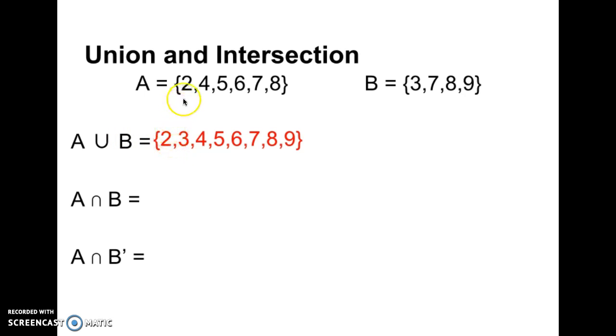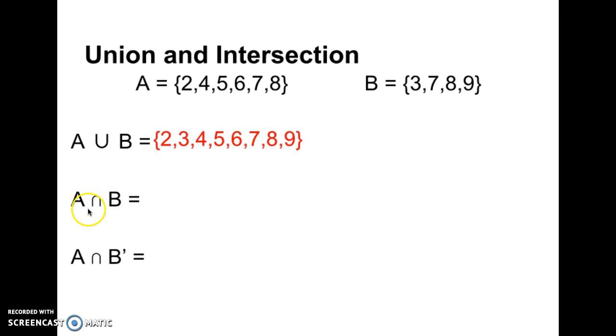And those are all the elements that A and B have. So we have the 2, the 3, the 4, the 5, the 6, the 7. I only write it once. The 8 I only write once, and I have the 9. So all of those are joined together. I only write the elements that appear both places once.